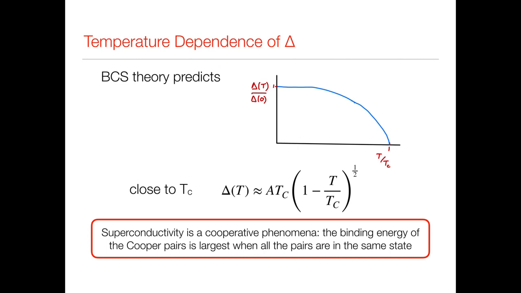Another prediction of BCS is that the gap varies with temperature. Again, this was something that had been seen in optical experiments looking at microwaves, and it obeys effectively this graph, whereby close to absolute zero, the superconducting gap is very similar to the zero temperature result that we saw earlier, and it's almost flat for a while.